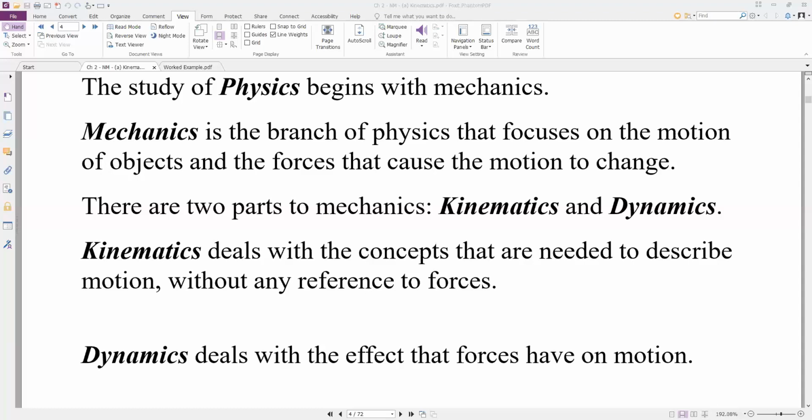Okay, and again, the difference between kinematics and dynamics in the definitions. Kinematics is the study of motions of particles and bodies without taking into account the factors that cause motions. Kinematics takes into account quantities such as what?